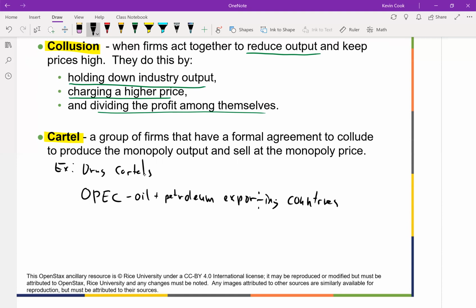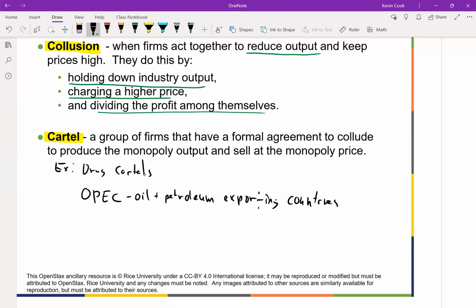So basically what OPEC is, it's a group of oil producing countries that have said, hey, we're going to work together to keep the price of oil manageable. Some countries in this are Venezuela, Saudi Arabia, Iraq, Iran, a lot of your Middle Eastern countries plus Venezuela.